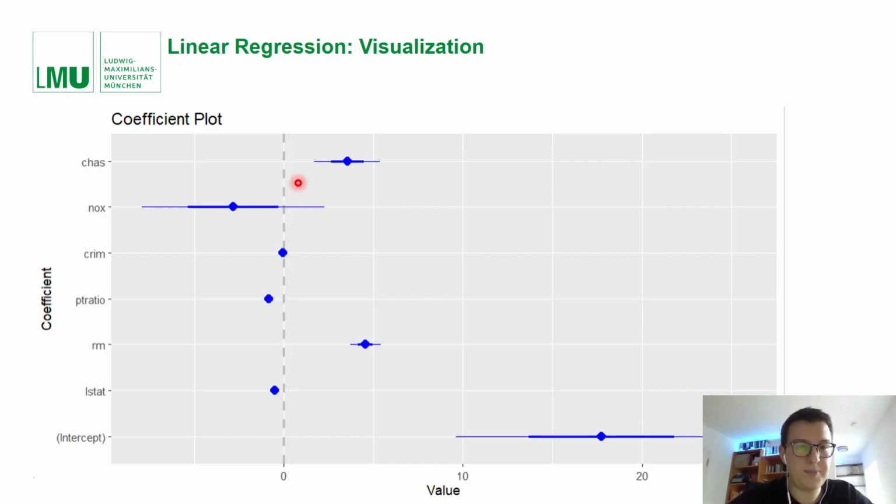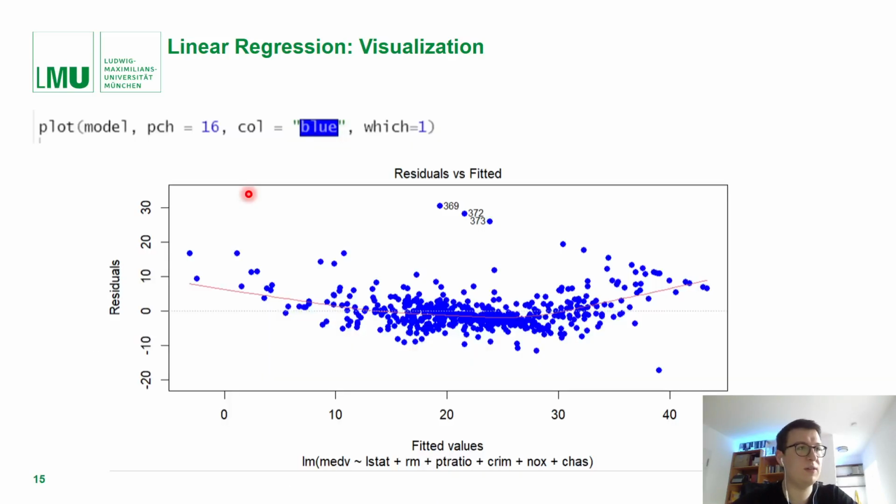Let's say this variable, Rm, has a positive value, which means that it has a positive effect on the price of houses. Air pollution, for example, has a negative effect, which means the higher the air pollution, or loosely spoken the worse the air is, the lower the price of the houses gets.